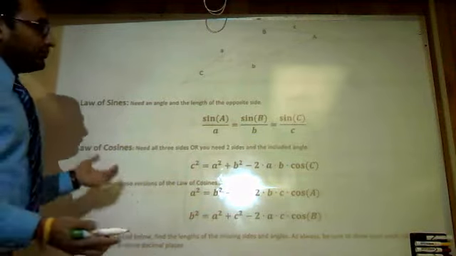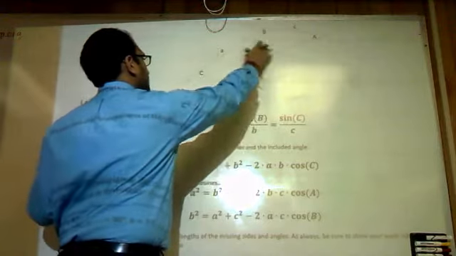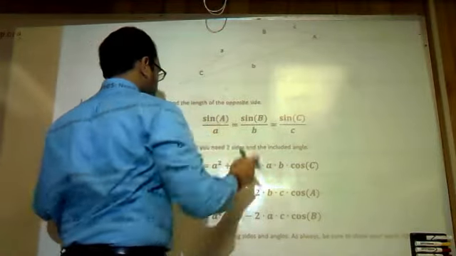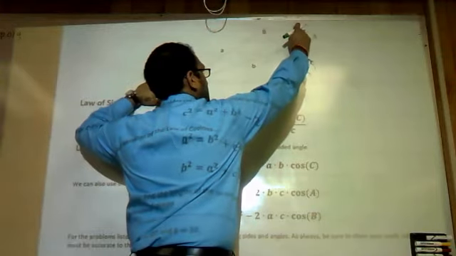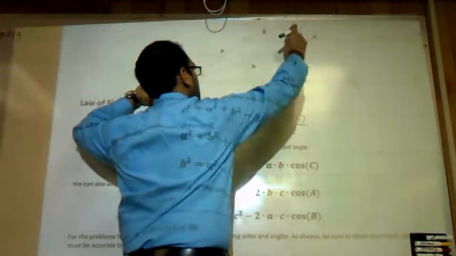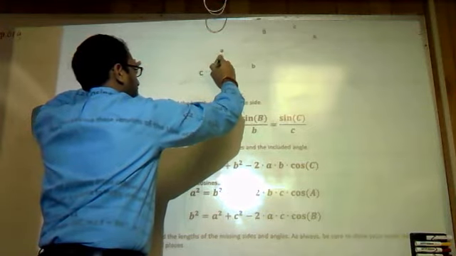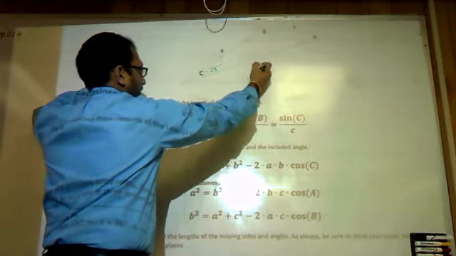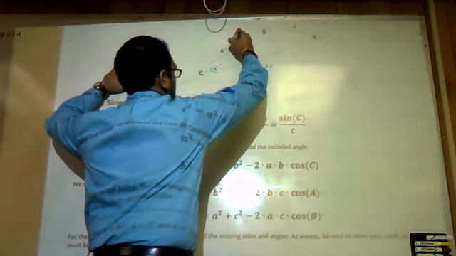So if we express it based on this triangle, say I was looking for side C, and I had angle C is equal to 25 degrees, B is equal to 20 and A is equal to 40.